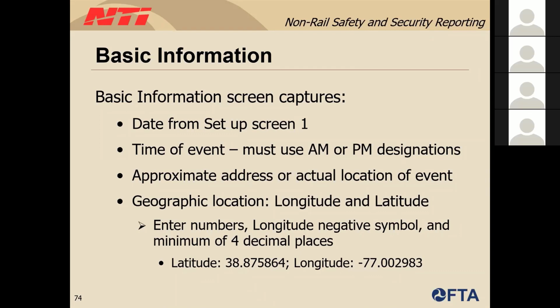The geographic location, latitude and longitude, is required. You are permitted to enter numbers, a decimal point, and a negative symbol for the longitude. Please use a minimum of 4 decimal places. If you do not have the coordinates, you can use a variety of internet resources. One such site is latlong.net.